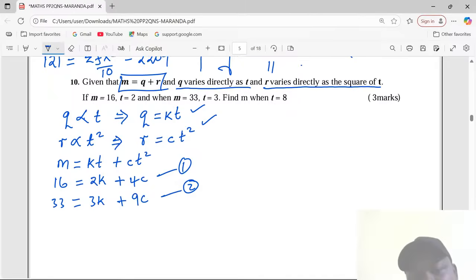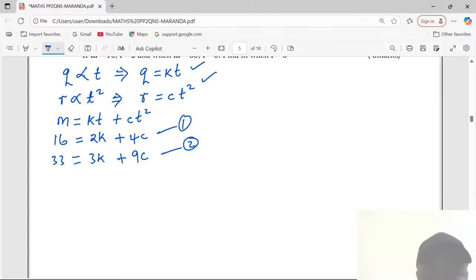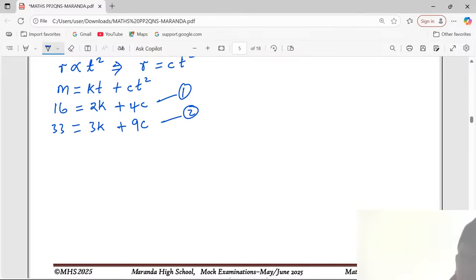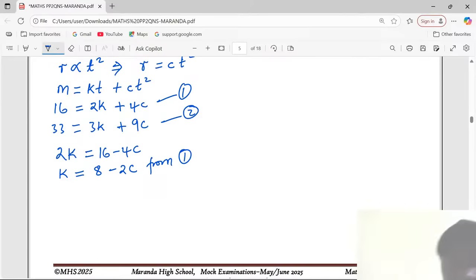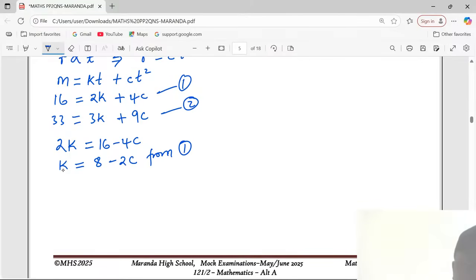So we have two equations relating K and C, which are constants. Now we can solve simultaneously: 2K from equation 1 equals 16 minus 4C. Therefore, K equals 8 minus 2C. This is from equation 1. If that is what you're having from equation 1, equation 2 can be rewritten.